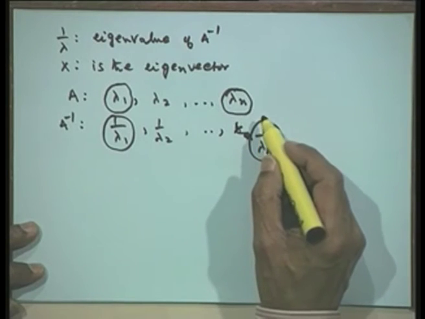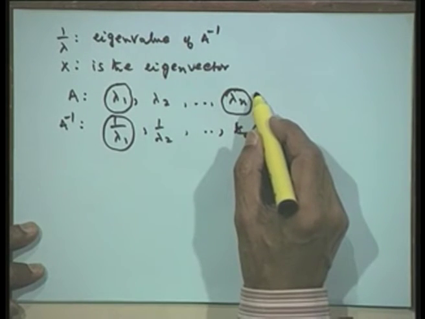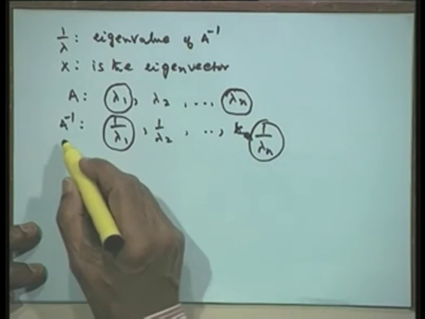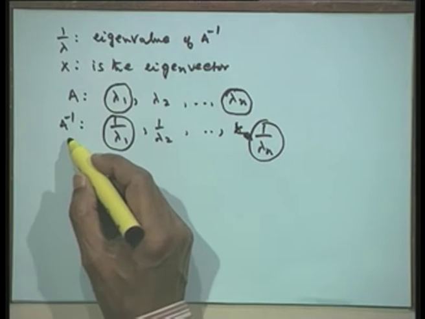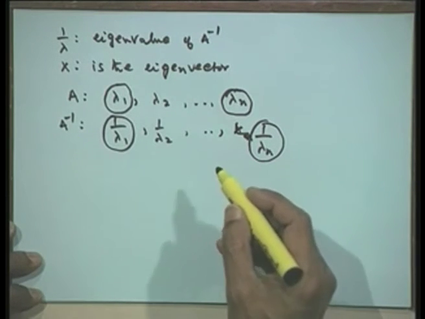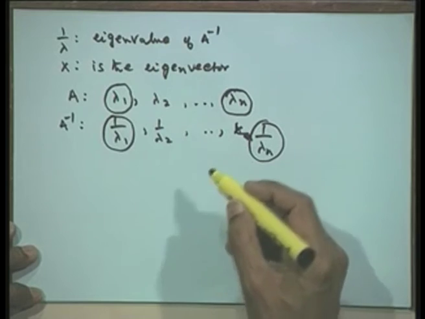Therefore, if I want the smallest eigenvalue of A, I need to find the largest eigenvalue in magnitude of A inverse. That means I just need to apply the power method on A inverse, because that will give me the largest eigenvalue of A inverse.